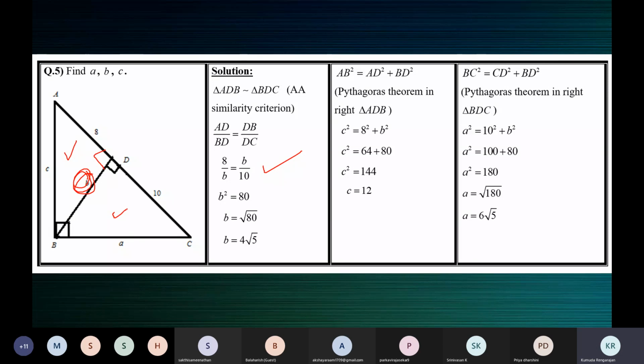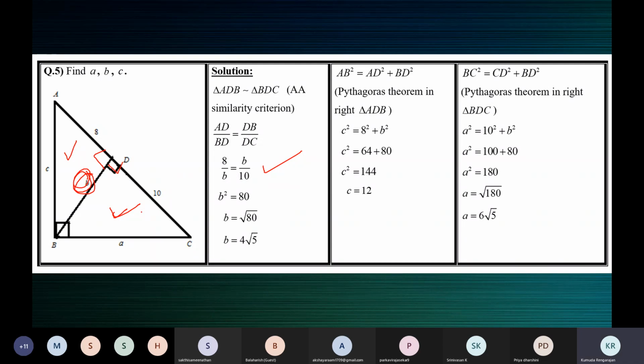And then use this right triangle, Pythagoras theorem again. This is the right angle, so this is the hypotenuse. In this right triangle BDC, BC is the hypotenuse. So BC square is equal to CD square plus BD square.